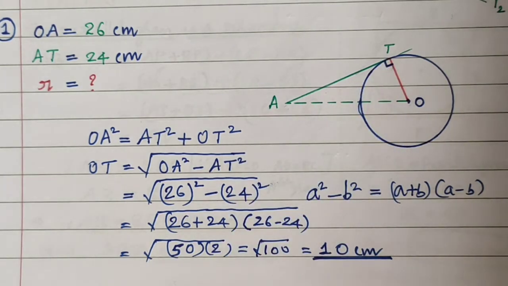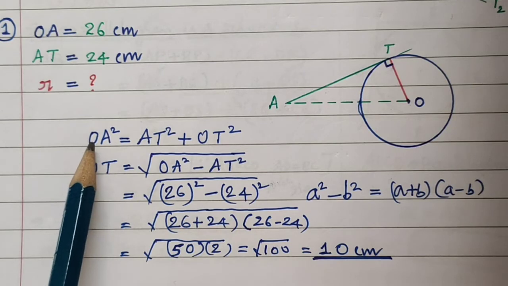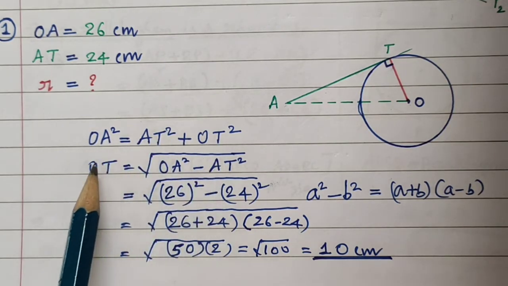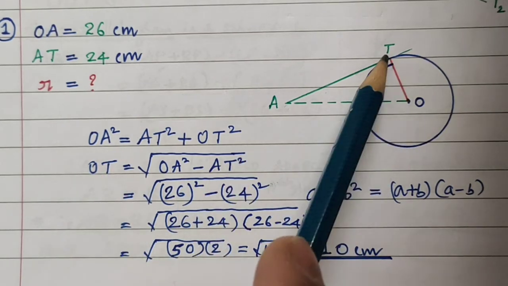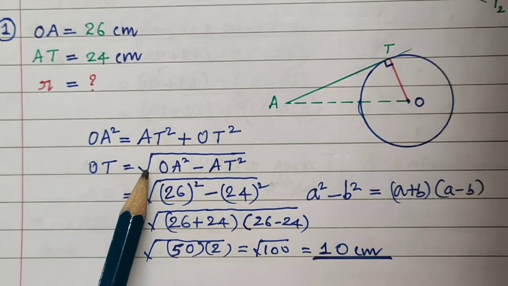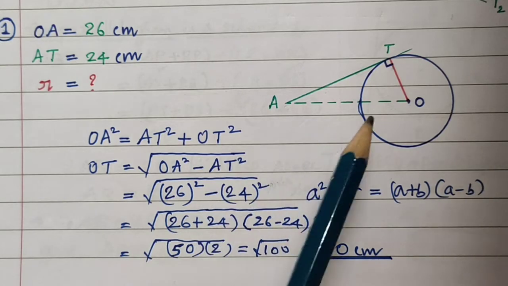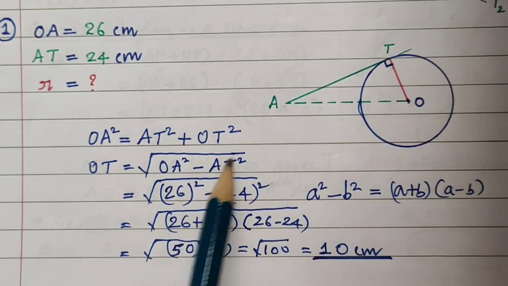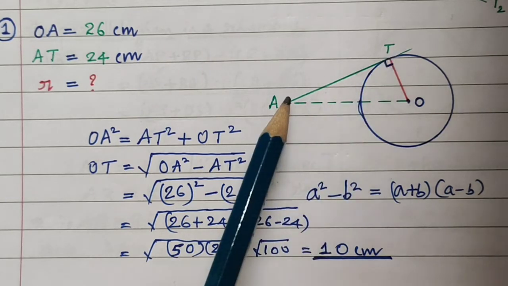By using the Pythagoras theorem, OA square is equal to AT square plus OT square. Therefore, OT, the radius, is equal to the square root of OA square, the distance from the center to the point, minus AT square, the length of the tangent square.